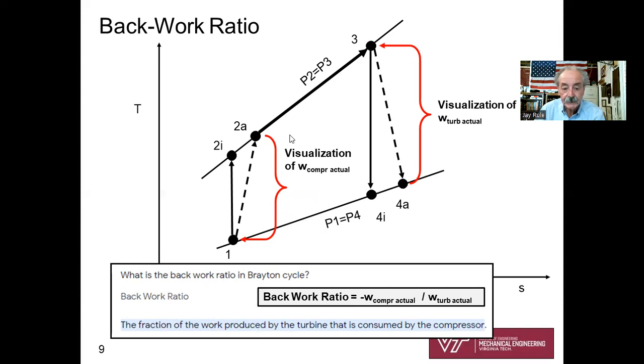So do you see that the compressor is consuming this much work? Here's a visualization. This height right here is a visualization of the work produced by the turbine, W dot over m dot. But over here, this line is a visualization of the work needed by the compressor. So the net work will be the difference between these two. Back work ratio for gas turbine engines is historically very high.